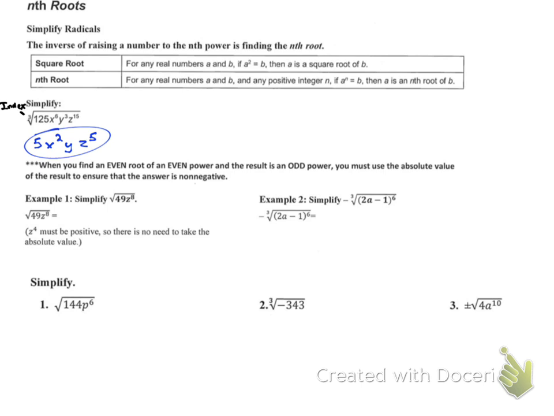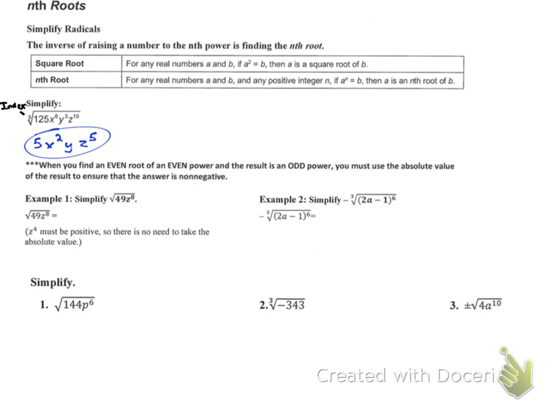See the 3 stars? When you find an even root of an even power and the result is an odd power, you must use absolute value of the result to ensure the answer is non-negative, okay?